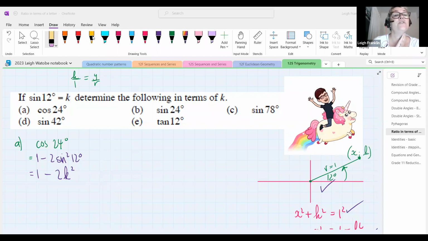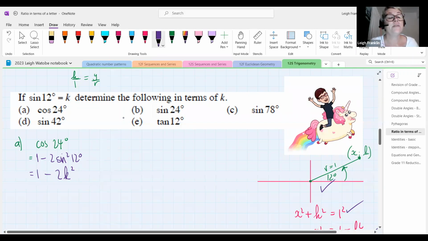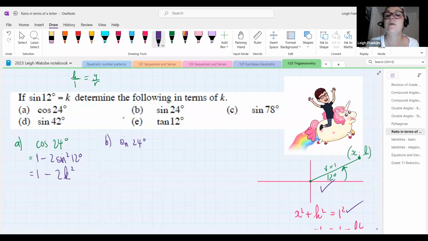Okay, next one. Now here, they are asking us for the sine of 24. So anybody want to tell me what they got here? Ma'am, can I please try this one? Sure, Ludwina, go for it. Okay, so I identified sine 24 as a double angle.